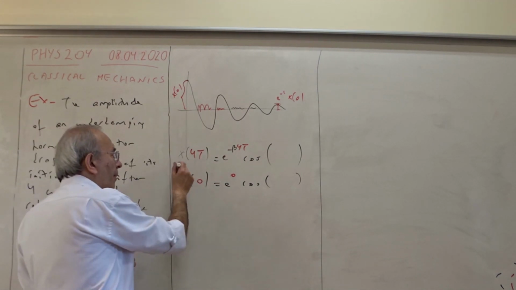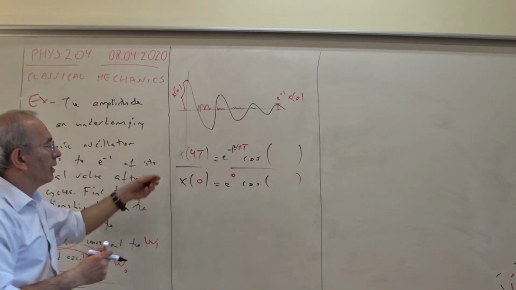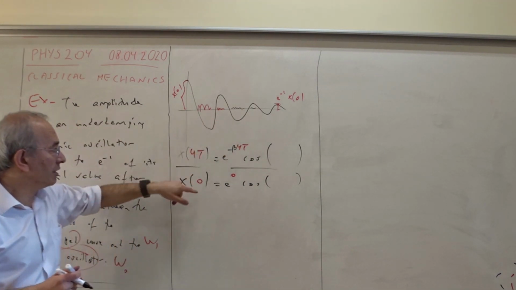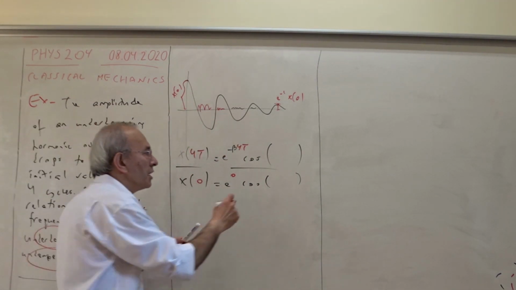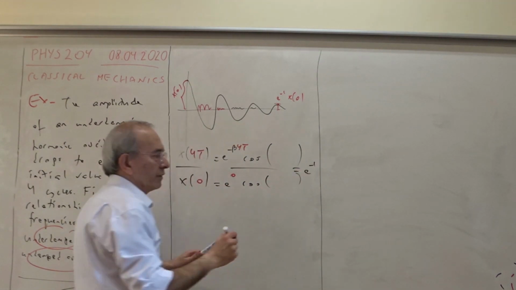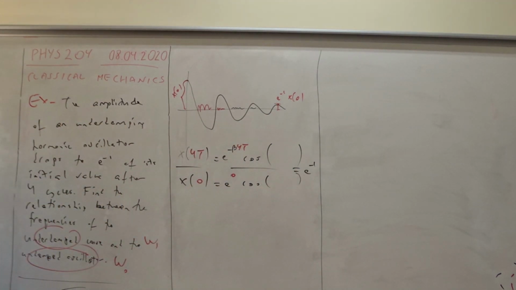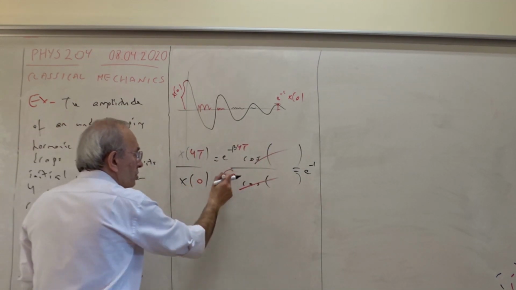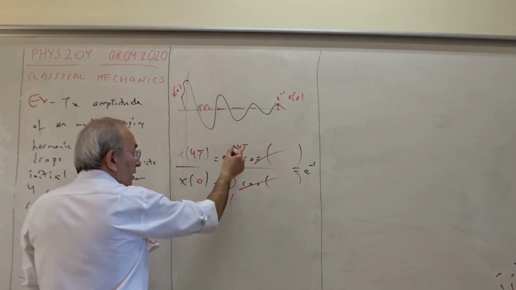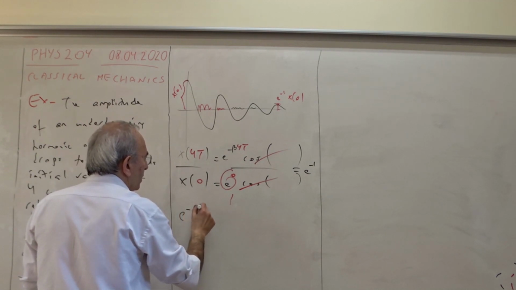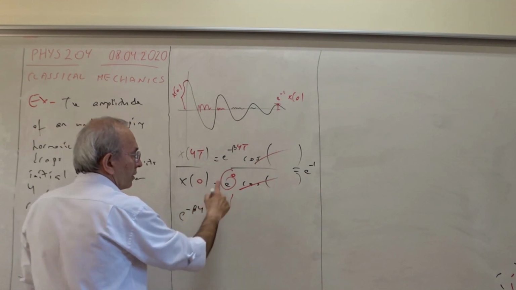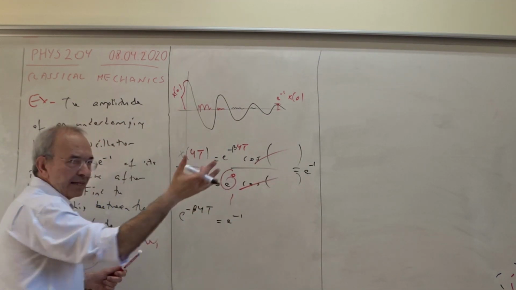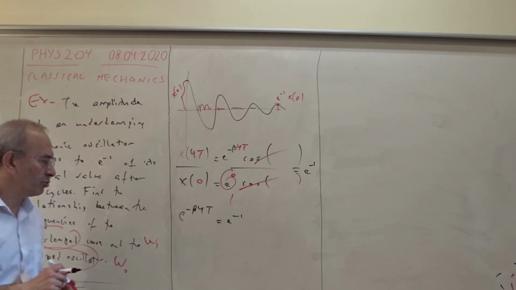If you divide them, the value at a later time divided by the value at the beginning is e to the minus 1, as given by the problem. The cosines cancel, and e to the 0 is 1, so e to the minus beta times 4 periods is equal to e to the minus 1. Take the ln of both sides to get rid of the exponentials.